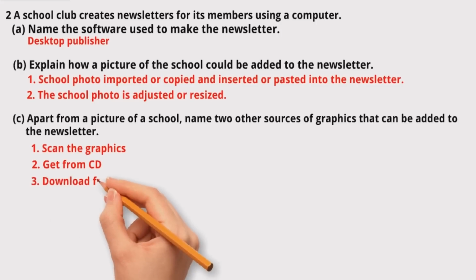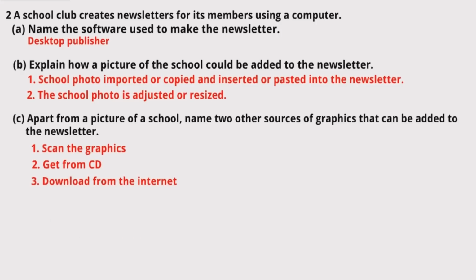Then you can also download from the internet. Once you have downloaded something from the internet, then you can put it there. So I've given you three: one, from the graphics, if you have got graphics; two, from the CD, you can copy and paste it there; three, you can also download media from the internet and put it there. So those are the three sources. You can pick two and write them.